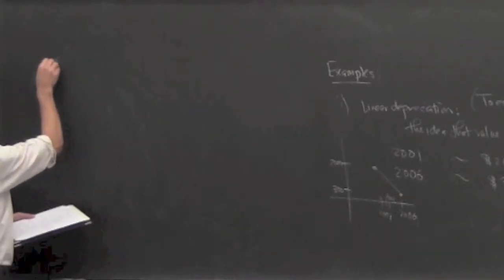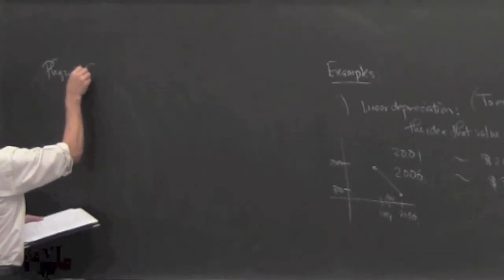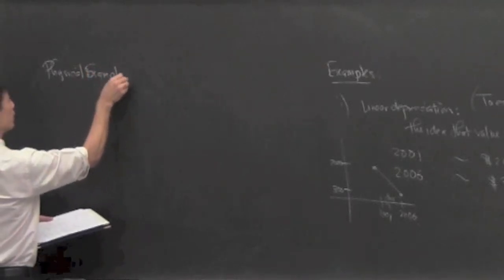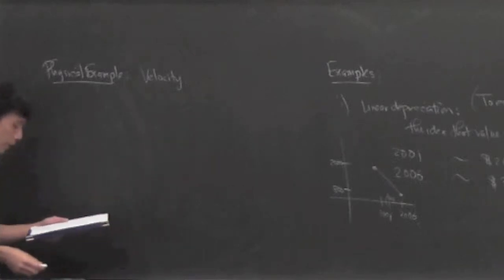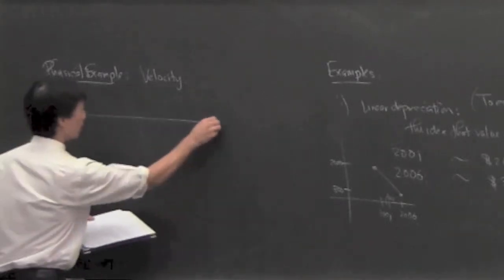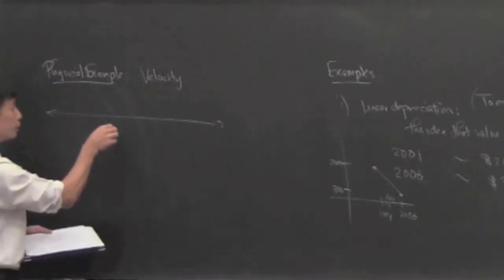A physical example: velocity. So you have some car on a linear track.